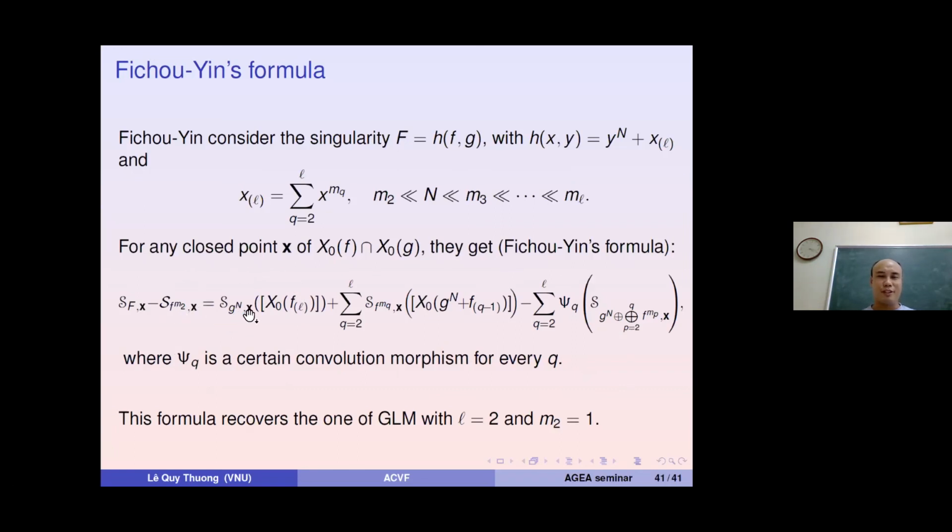This is much more complicated. But if you take l equal to 2 and m equal to 1, we can recover the formulas of Guibert-Loeser-Merle. The paper of Fichou and Yin will appear in JEMS, and it's a very long paper. It's very, very difficult to read. So I'll stop here.